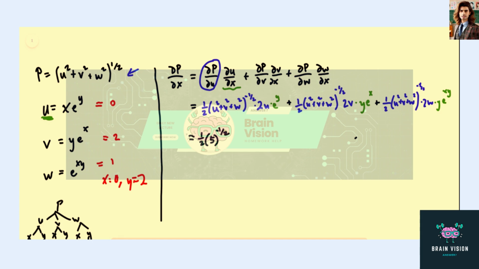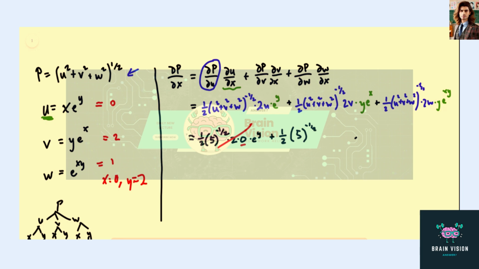Okay, good. Times 2, but u is 0, so actually we can stop, because this entire first term, whatever we're going to get for e to the y, is going to disappear because of this 0 here. Good.